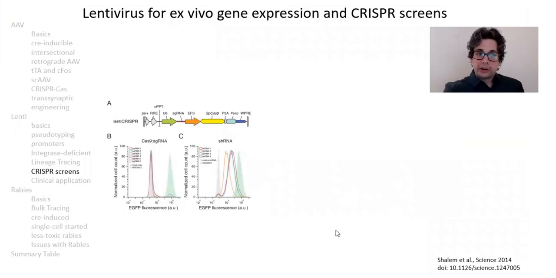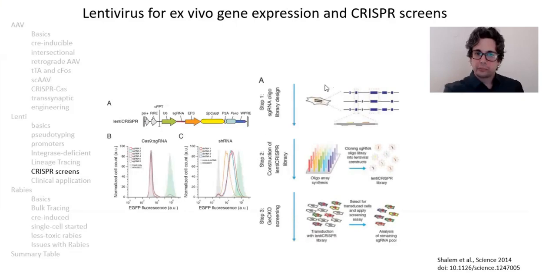Now, an important application for lentiviruses is that it's a very elegant way of doing ex vivo gene expression CRISPR screens. Because you can pack so much into it, you can put in the Cas9, you can put in the guide, you can put all sorts of things in there, like puromycin for selection. And compared to the old shRNA, which had all this variability and never really a full knockout effect, different guide RNAs can really knock that thing all the way down.